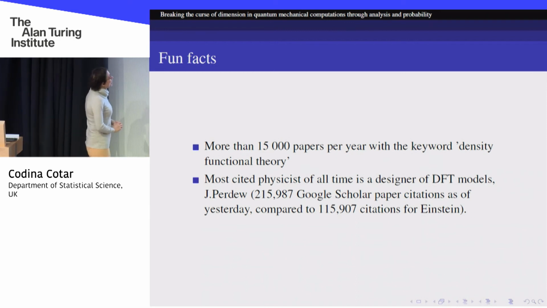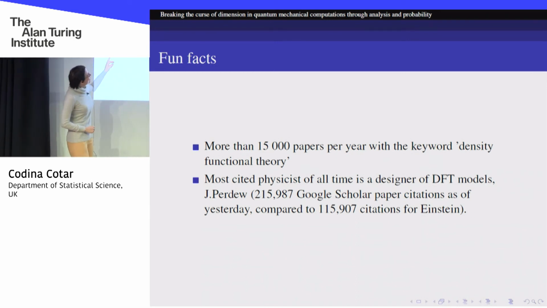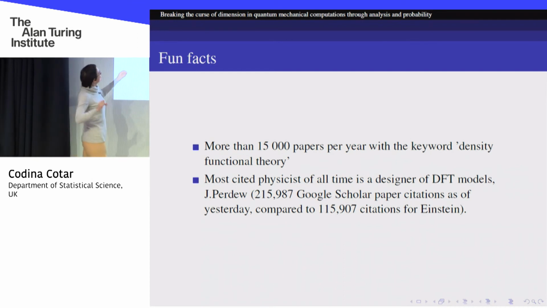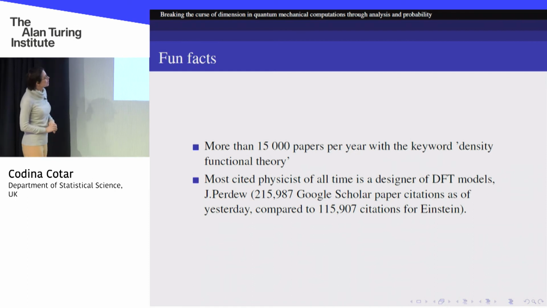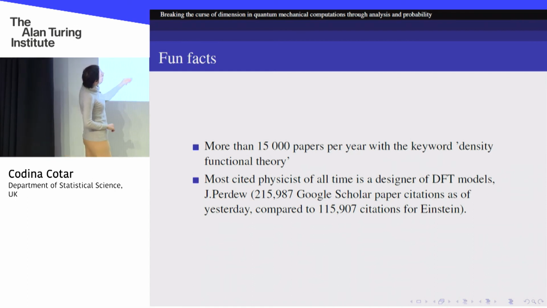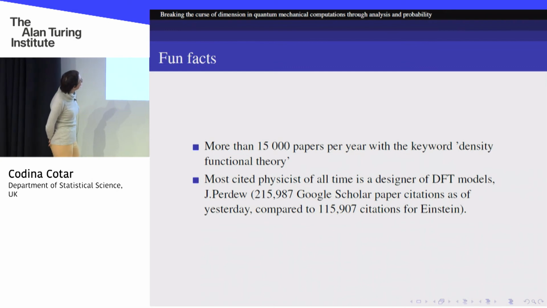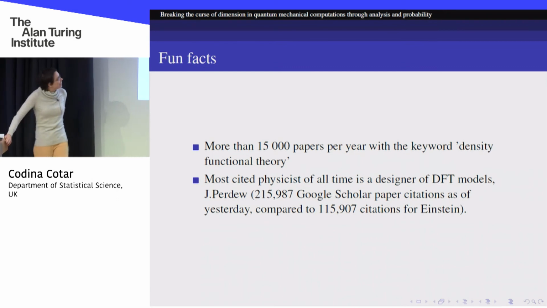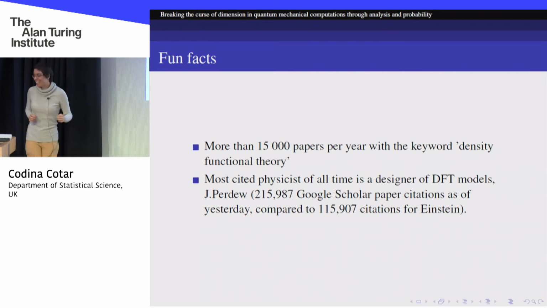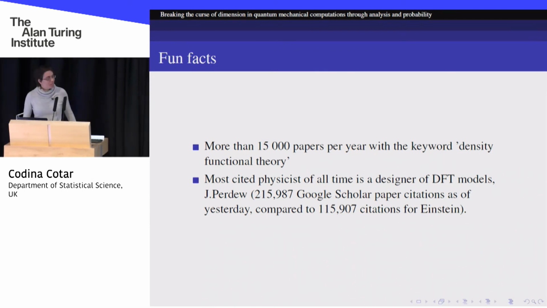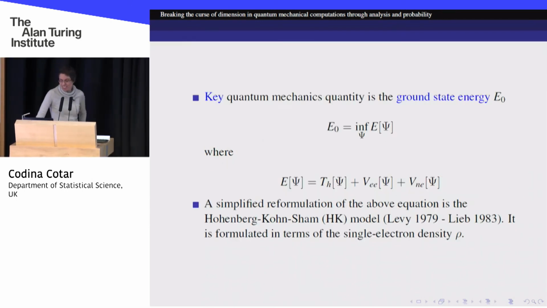Now, if you also Google who is the most cited physicist of all time on Google Scholar, it's John Perdew, who is a designer of density functional theory models. As of yesterday, he had 2,985 citations, almost double the number of citations for Einstein. So very big business. Okay.